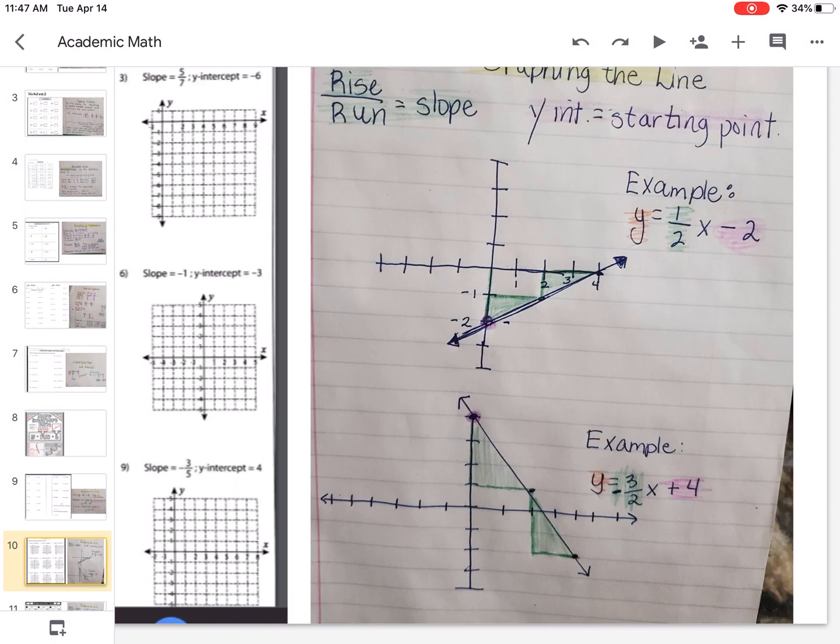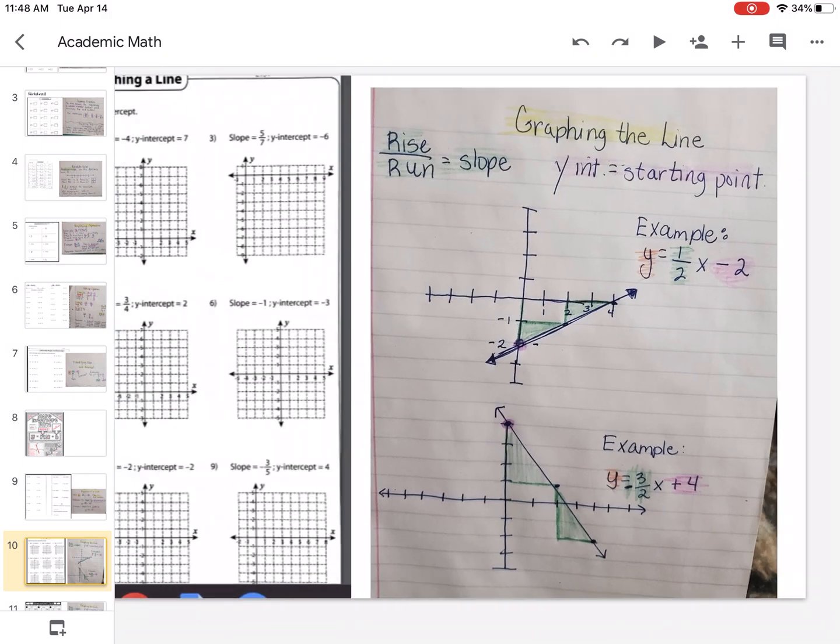Basically the rise has to do with the y, the line that's going up and down. So I'm going down 1, 2, 3, and then I'm going over 1, 2. See where I put the dot? Then I'm going down again, 1, 2, 3, and then I run 1, 2. Then I connect my dots.